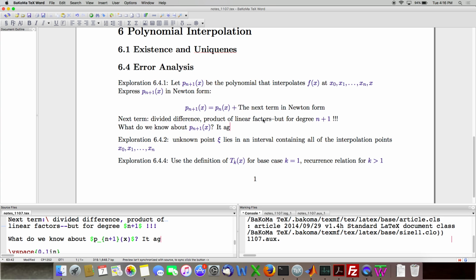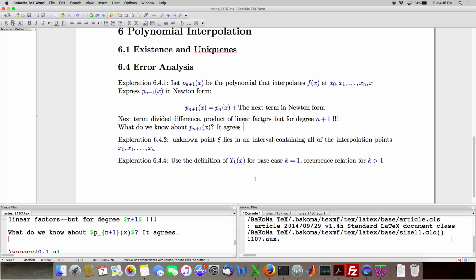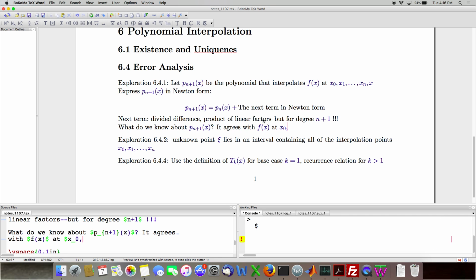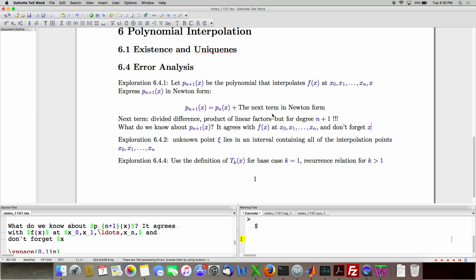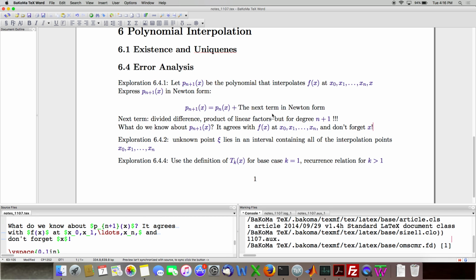It agrees with f at all of the interpolation points that we are using for Pn plus 1, x0 to xn, and x. So the idea is, if you have an interpolating polynomial that you know interpolates a certain function at certain points, then at those points, the two are interchangeable.